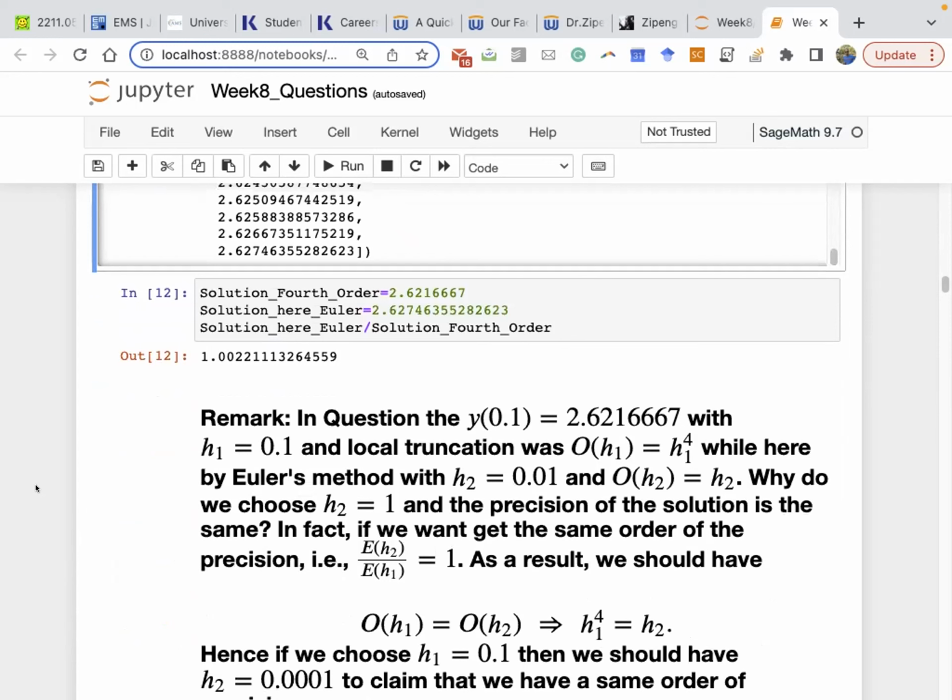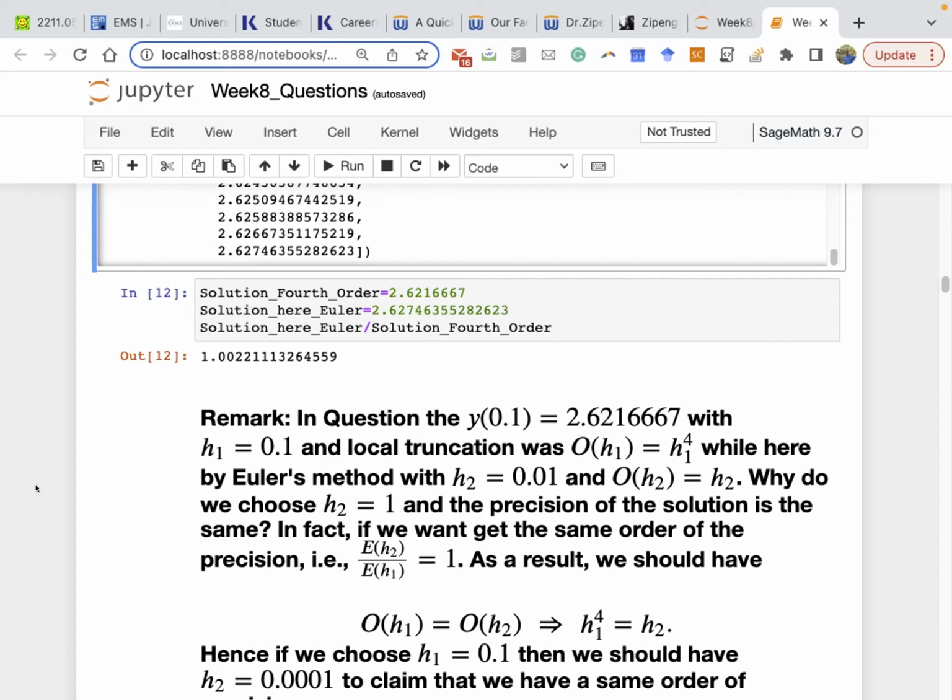So the solution I obtained from the tutorial PDF is this guy. Okay, you want this. The solution here is with the step size 1/10.